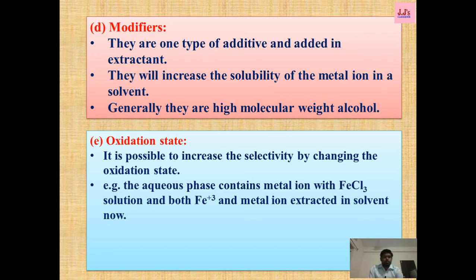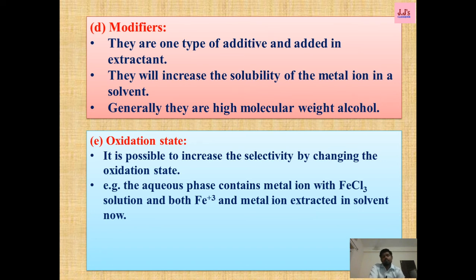For example, an aqueous phase contains a metal ion, any metal ion, be it copper, zinc, or nickel, that is present with FeCl3 solution. That means Fe plus 3 comes from the FeCl3 solution, and the metal ion, that means any other metal, is extracted in the solvent. Now both undergo extraction.